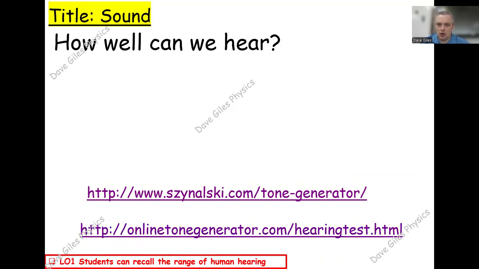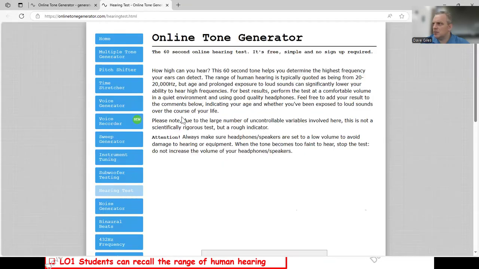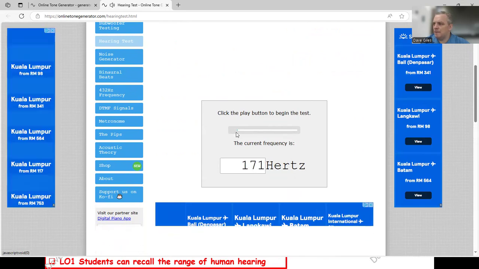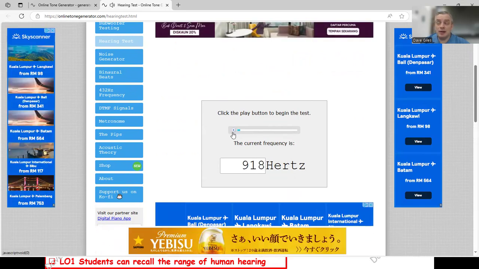And what I can do as well is use the other link here. You can try it yourself. I can start a sound here and just listen until you can no longer hear it. I'm going to tell you when I stop hearing it.